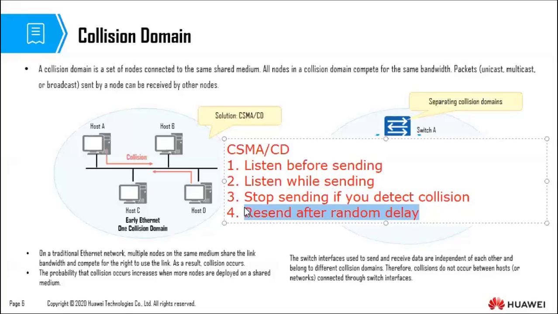That is, you listen, and if no one is using the medium, you can start sending. That is how carrier sense multiple access with collision detection works to reduce the chances of collision occurring, or to resend data in case collision occurs. It's on a shared medium. So that's how it works.